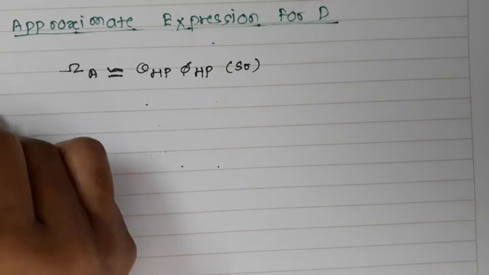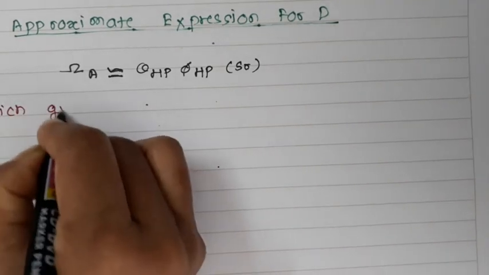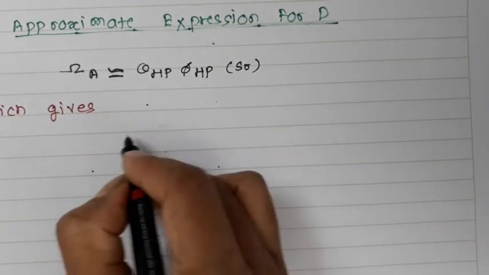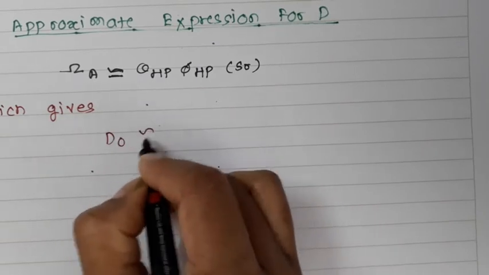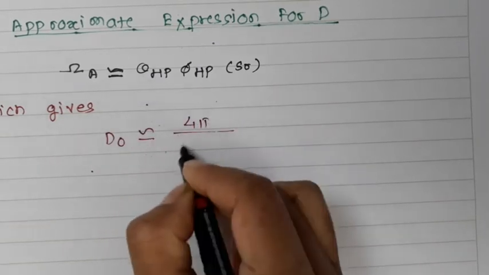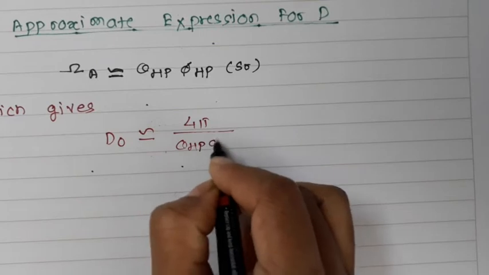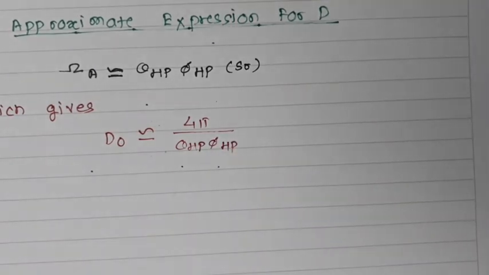Now as we have seen the beam area, D0 can be calculated as 4 pi over theta HP times phi HP. Note that theta HP and phi HP are expressed in radians. If we have the two beam widths in degrees, then we should convert the 4 pi in the numerator into degrees.